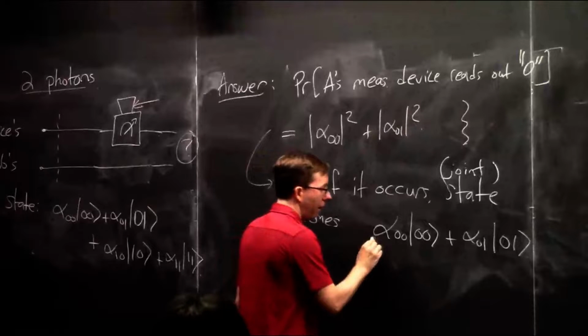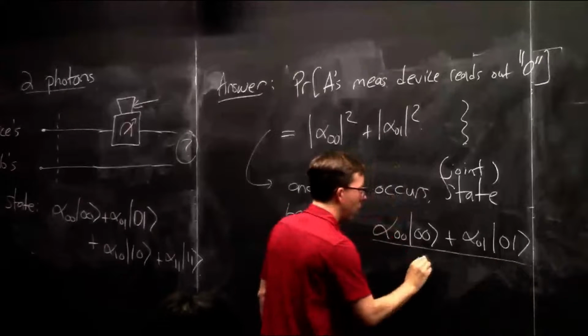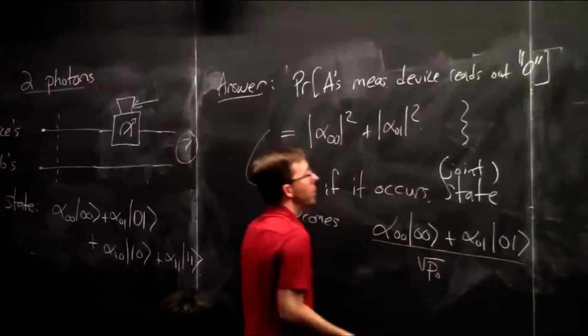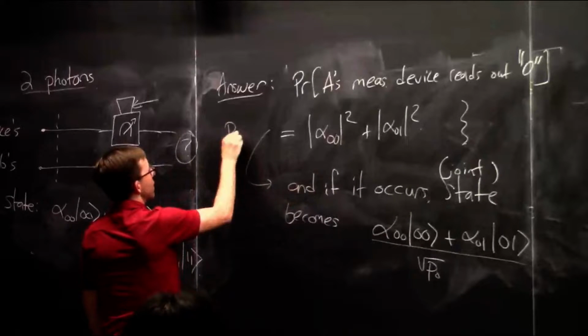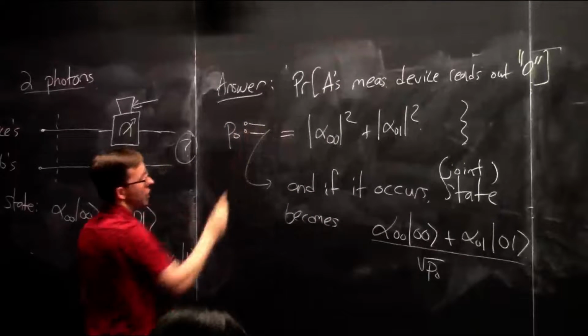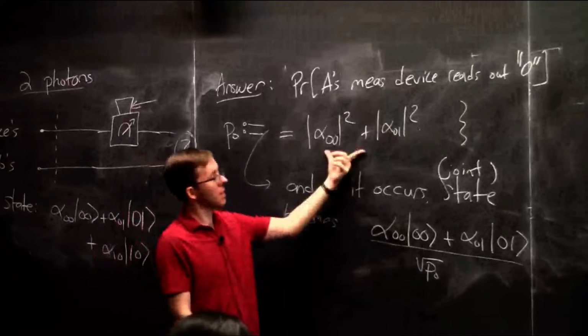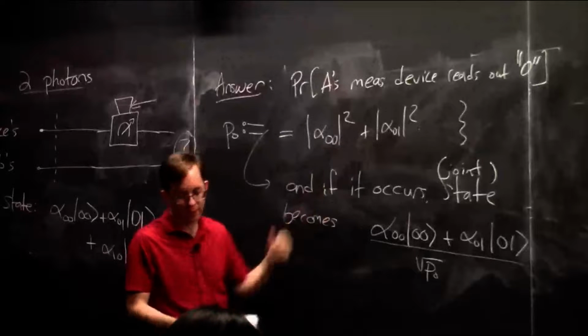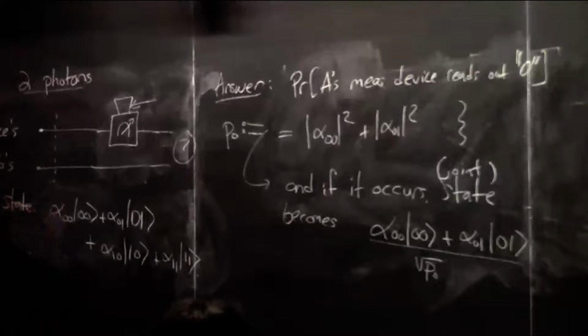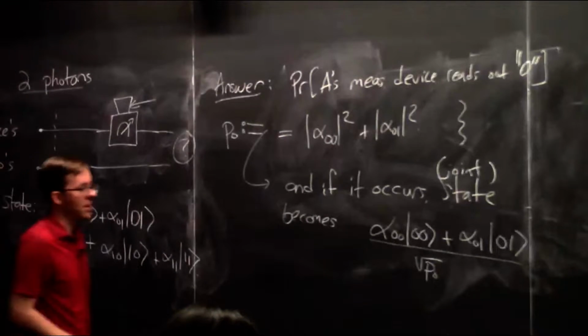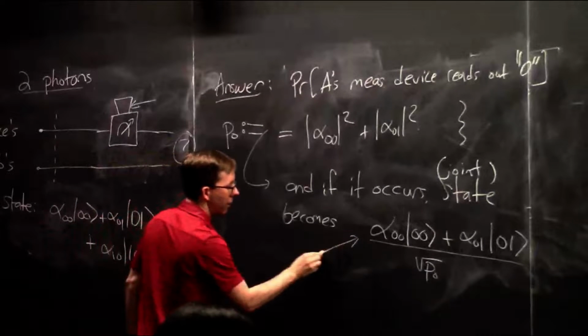divided by the square root of a number p0, which I'll just define to be this. This is not usual notation, but I just didn't want to write so many symbols. The state becomes this, where p0 is this quantity. Okay? And now this is sensible. Let me write it again.